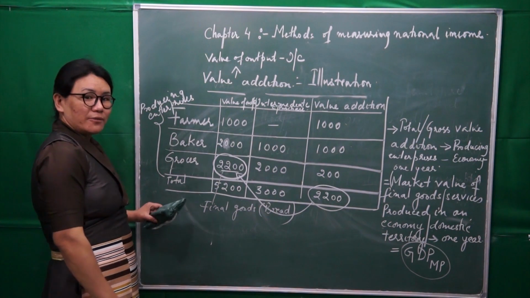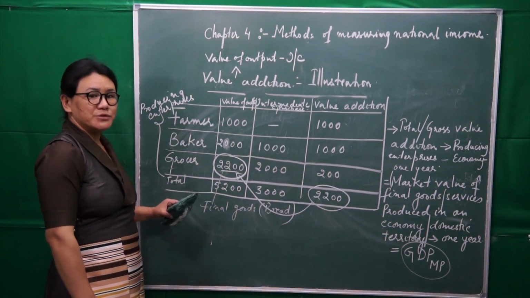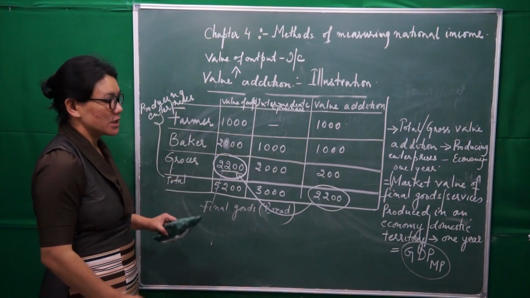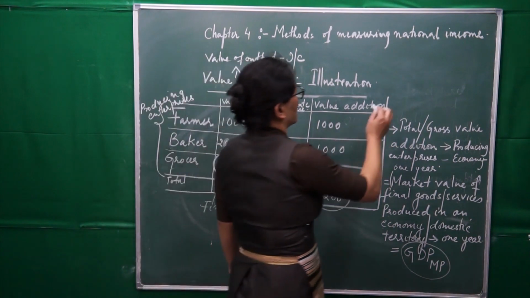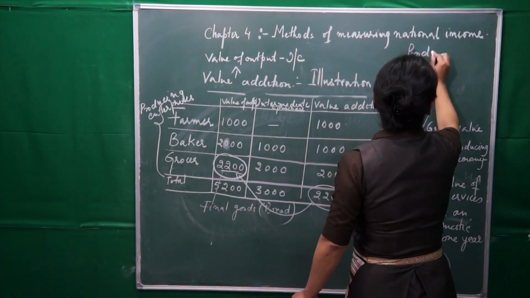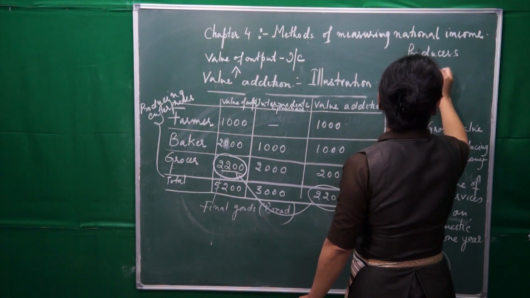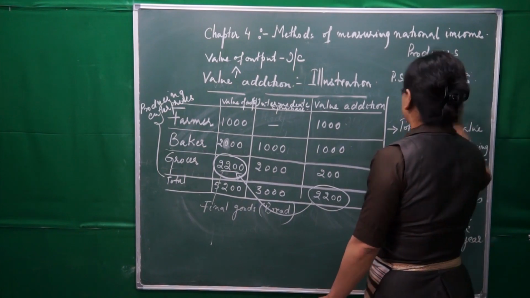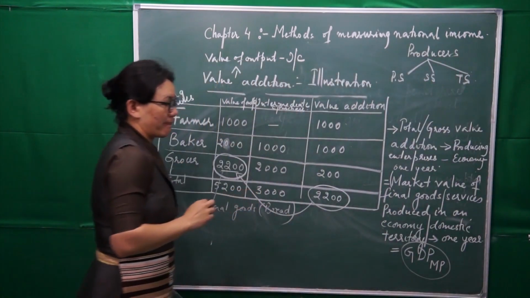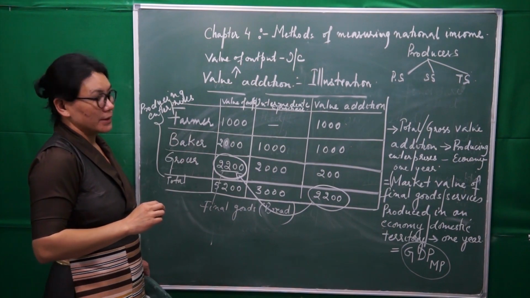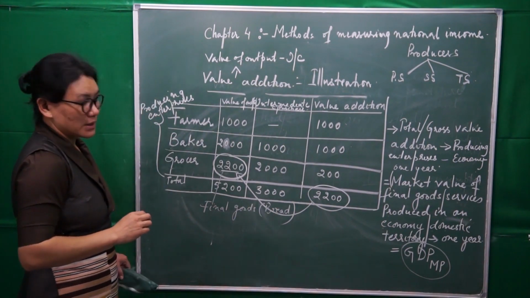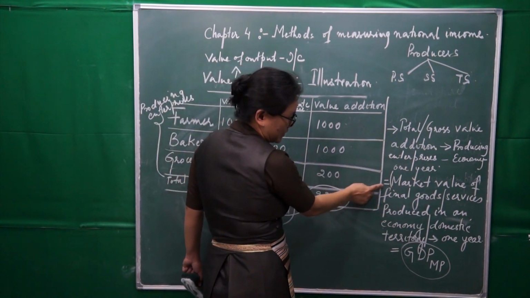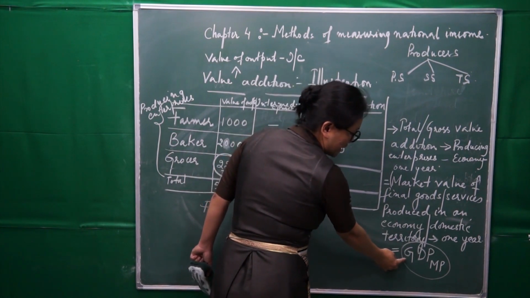What we have to do here is classify all the producing enterprises into 3 sectors, that is primary sector, secondary sector, and tertiary sector. So this is nothing but, I said this one, and this is GDP at market price.